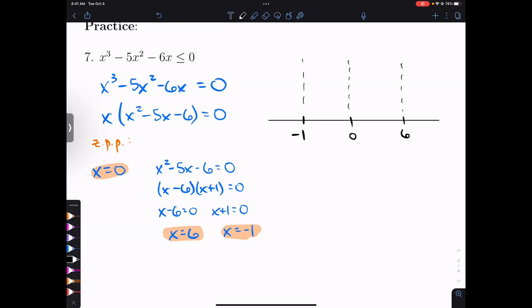We need to think about the graph. Think about this, y equals x cubed minus 5x squared minus 6x. Think about the graph of that function. It's cubic. So what do the ends do? Same direction or opposite? Opposite ways. Leading coefficient's positive, so which way?